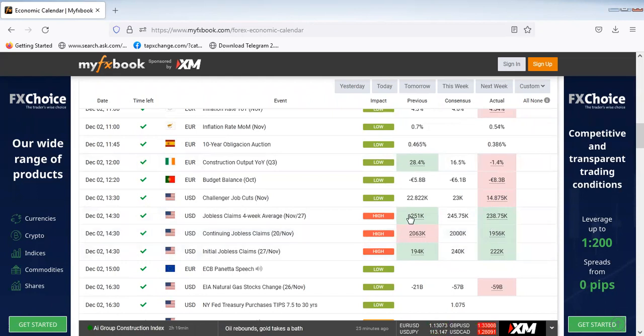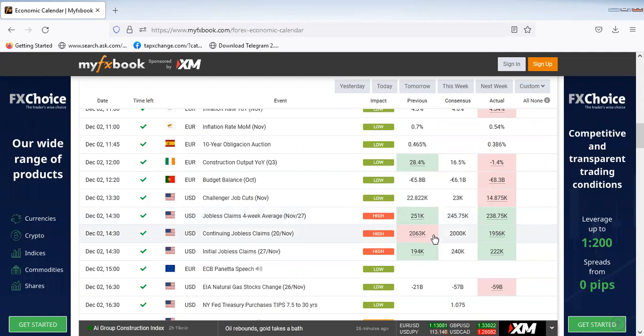If you observe very well, you notice that the value here at the actual is less than the value here at the previous. Whenever the actual is less than the previous, it means that you should sell that pair. I repeat, whenever the actual is less than the previous, you should sell that pair.